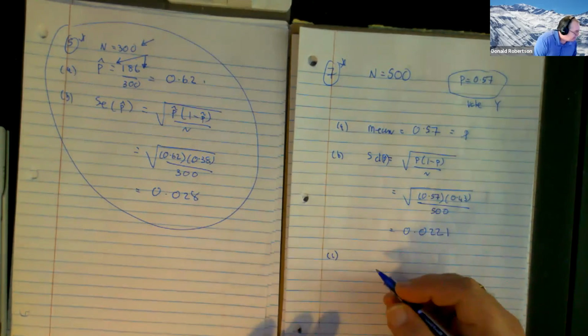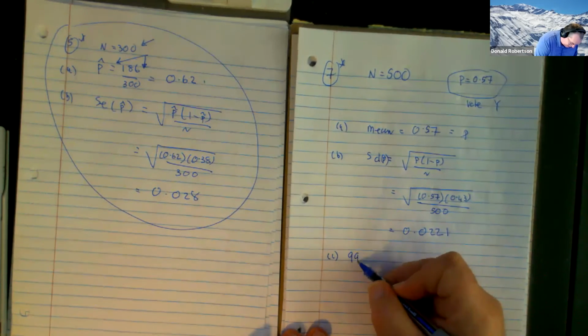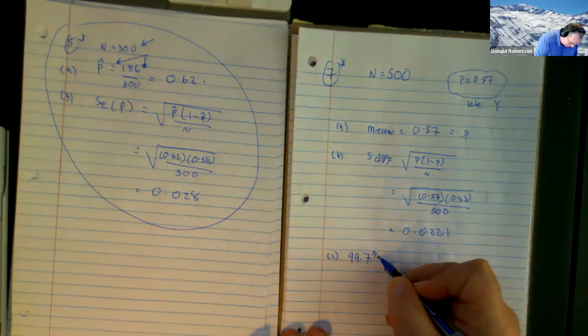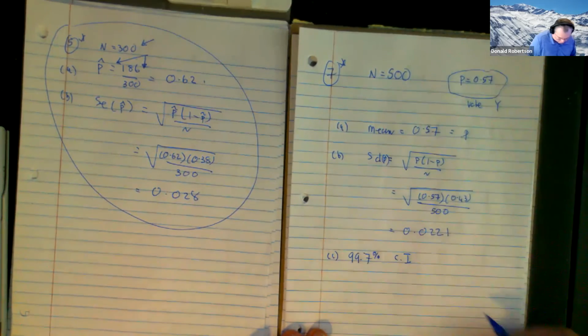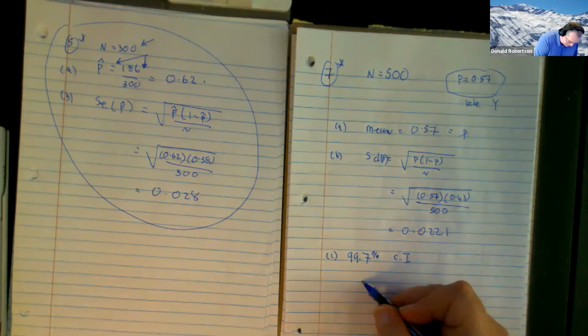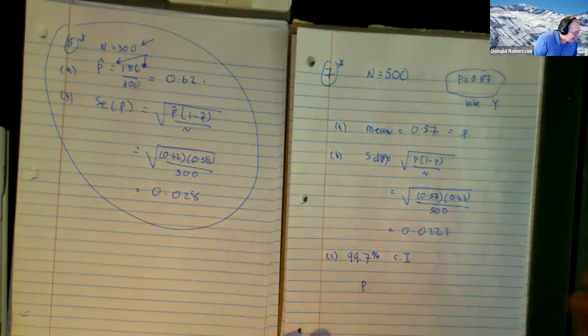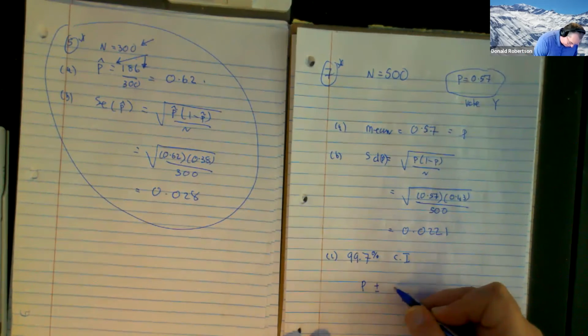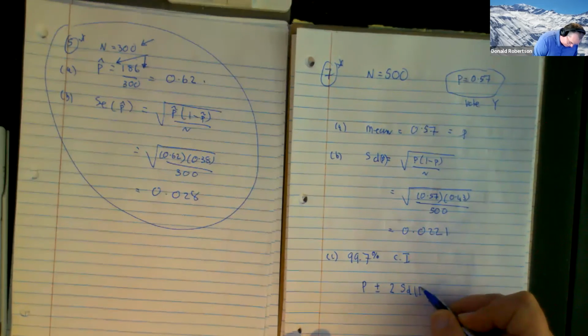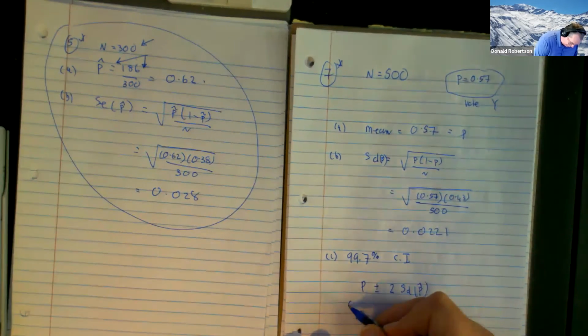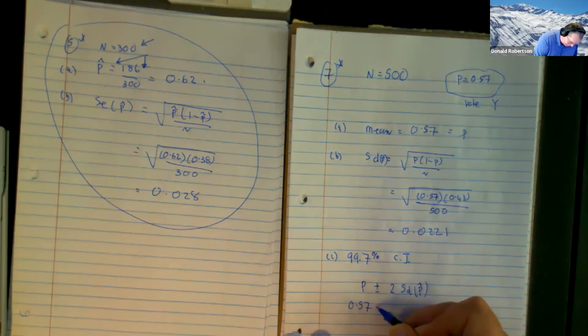And then they ask us to do a 99.7% confidence interval. So in this case, it's going to be P, because I don't have a p hat, plus or minus 2 of those guys. So it's going to be 57.